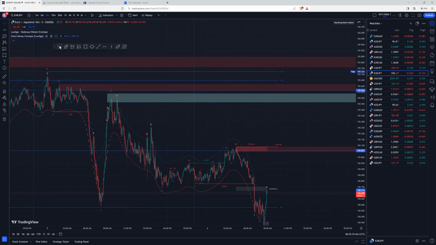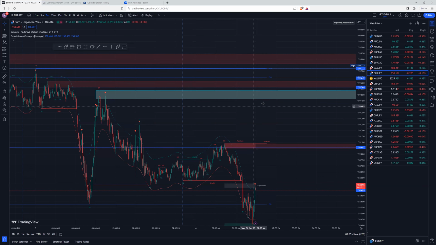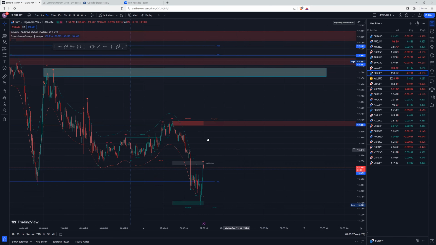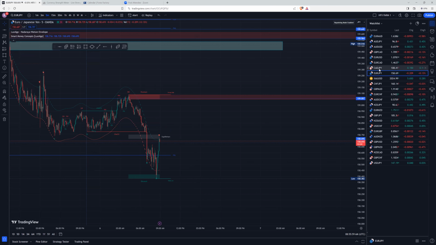So if we are able to identify these areas, I think we'll be on it for long.